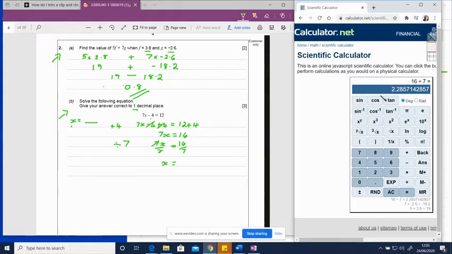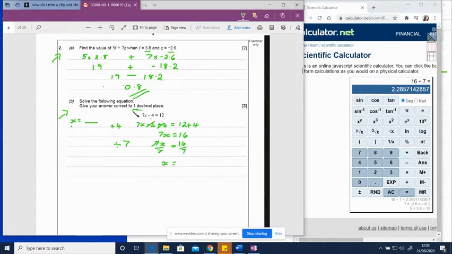But I do want my answer correct to one decimal place. So it's going to be 2.3 because the 8 that I'm getting rid of here means that I have to round that 2 up to 3. So the answer is going to be 2.3. And then I always put just correct to one decimal place.